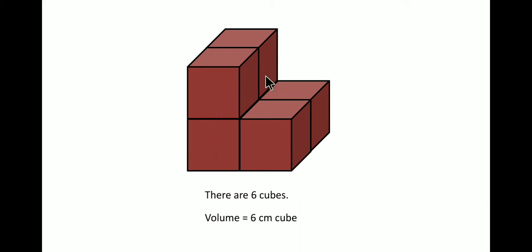Similarly, if there is another object like this and we have to find the volume, we will simply count how many such cubes there are in this particular object, and write down the answer just by counting these cubes.